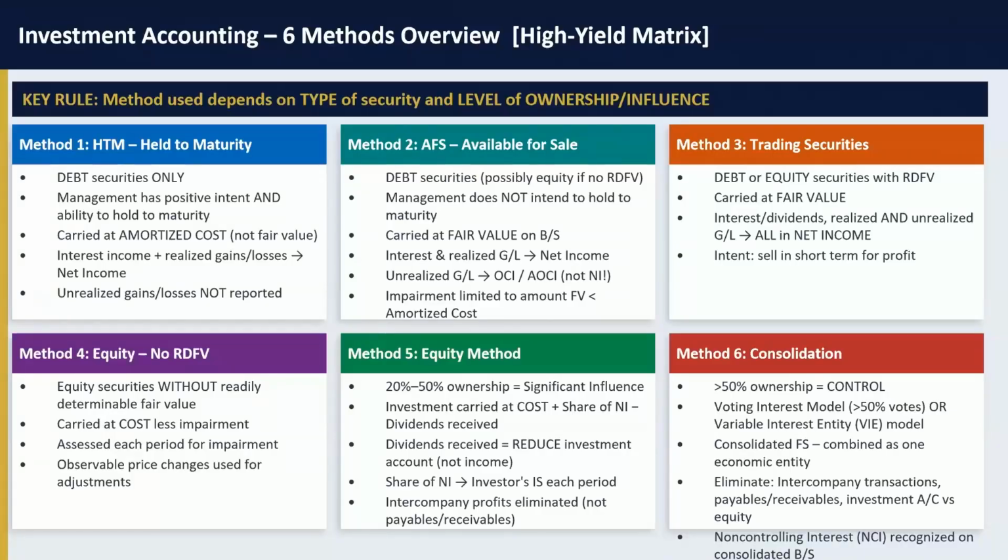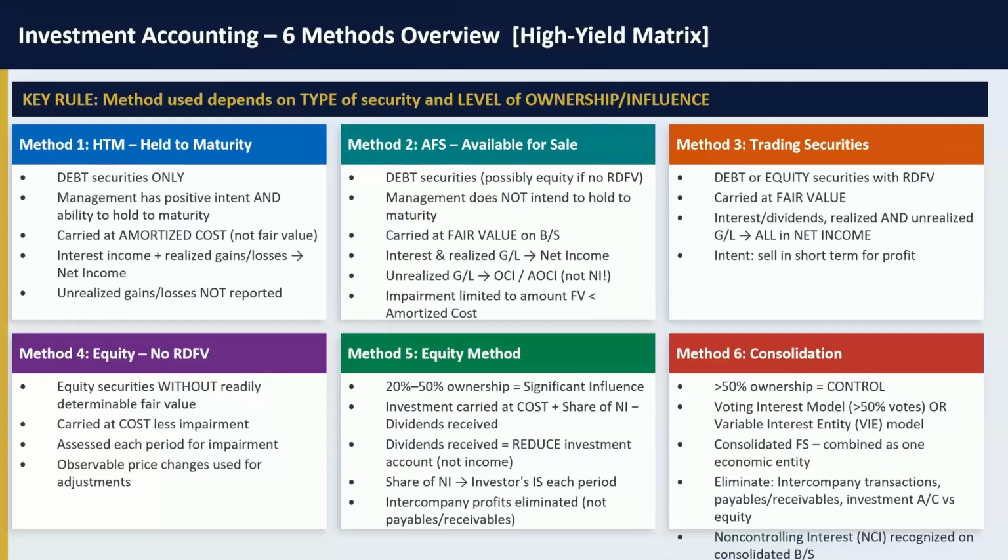Sometimes government bonds will be issued at discount, or sometimes at premium. Those adjustments you will have to make to your cost, whatever you paid for purchasing. That is called amortized cost. Calculation of amortized cost is not involved, but you just need to know that HTM are valued at the amortized cost.